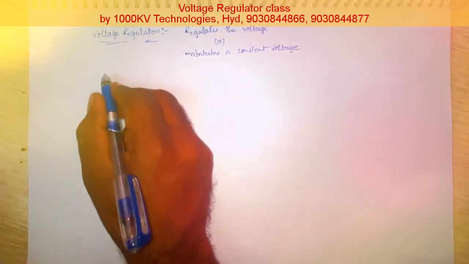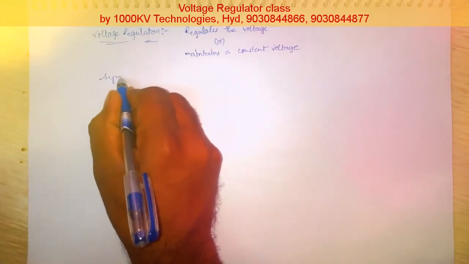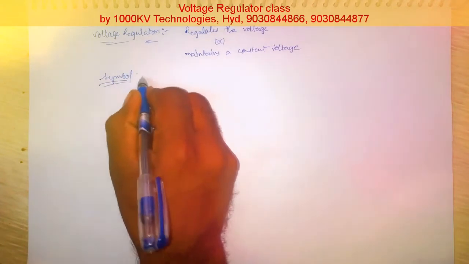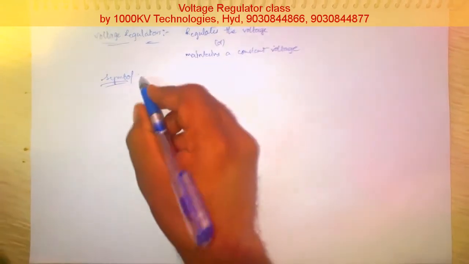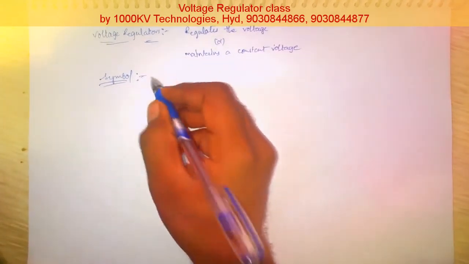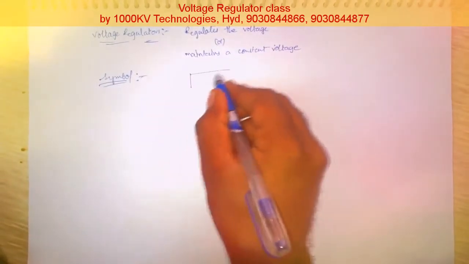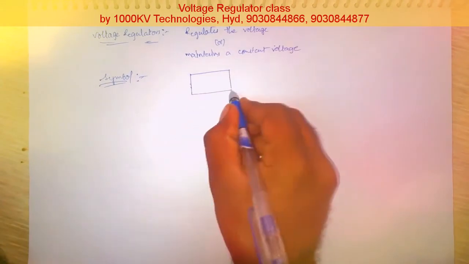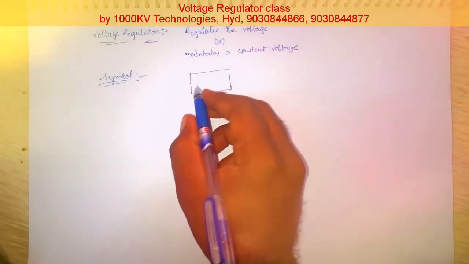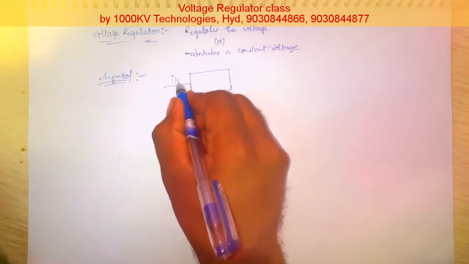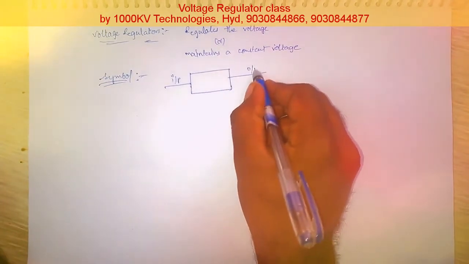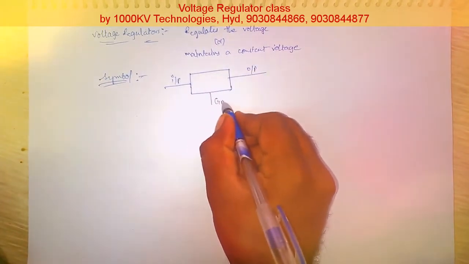And coming to the symbol, this voltage regulator does not have a fixed symbol. It does not have any circuit symbol. Similarly, we can take this as a symbol: input, output, and this is ground.